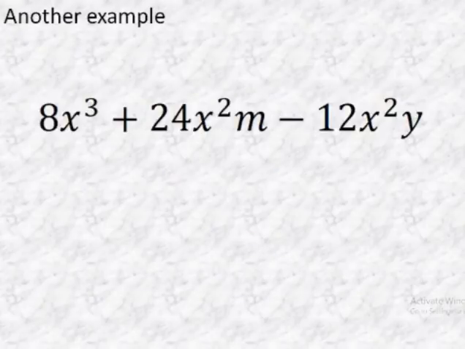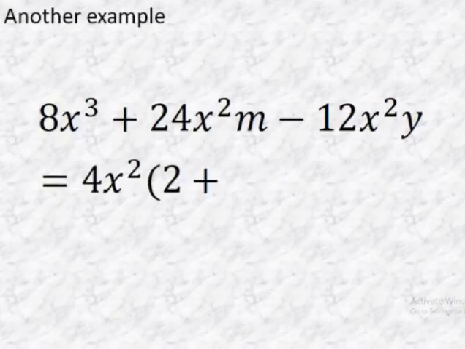Another example. Now there are 3 terms. In these 3 terms we can see what is common here. Yes, we can see 4, because 8, 24 and 12, all of them can be divided by 4. And the maximum power of x that can be taken out is x squared. So 4x squared is the common factor among all of them. Let's see what's left.